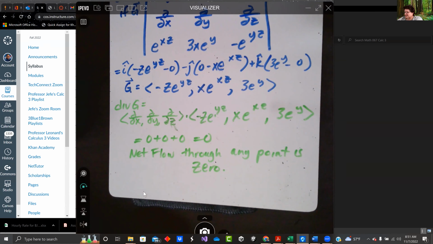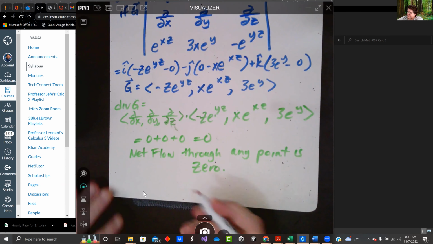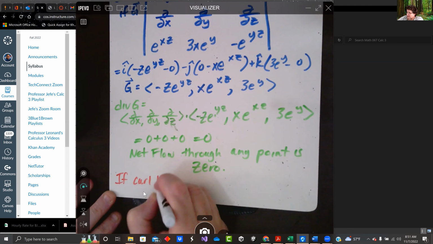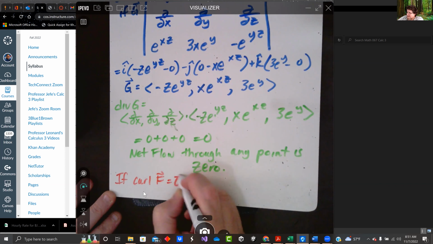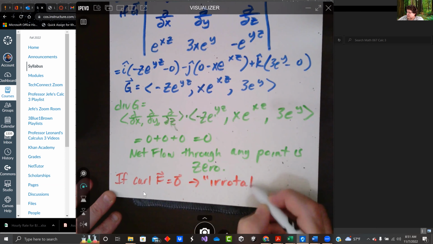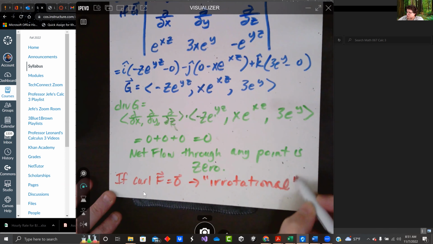So we've seen the divergence equals 0. We haven't seen where the curl equals 0. If the curl equals 0, this is said to be irrotational, because there is nothing swirling around.